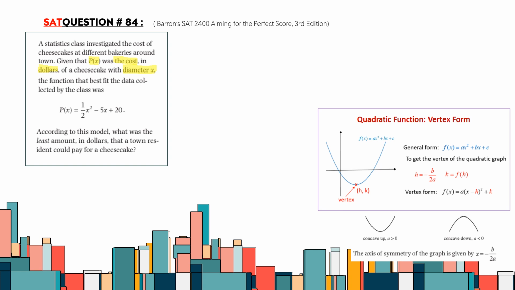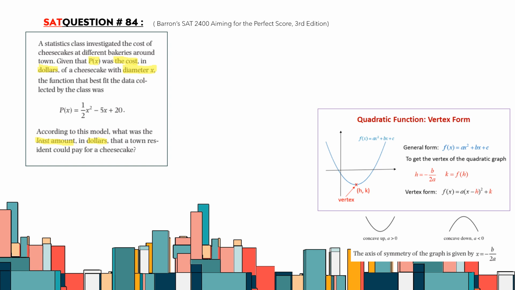They're asking for the minimum, the least amount in dollars, the minimum of P of X. So what is the diameter of the cheesecake that will give the least price?